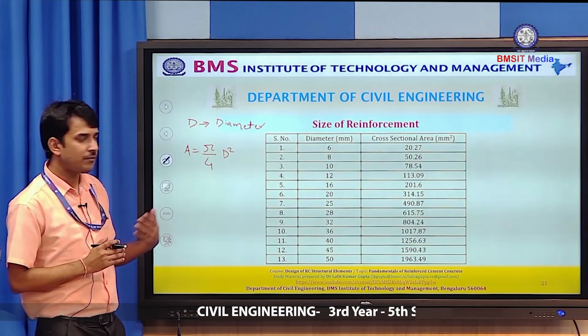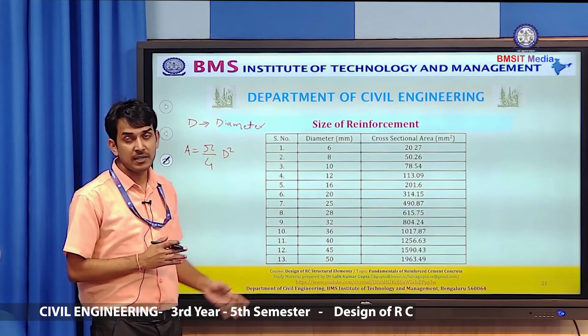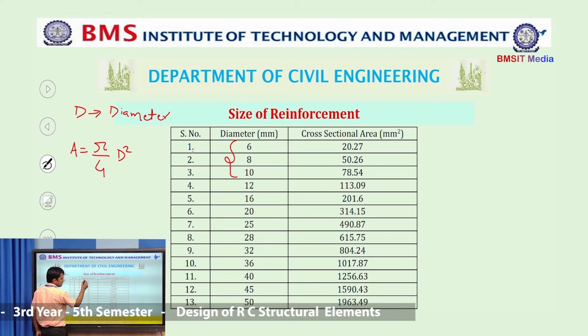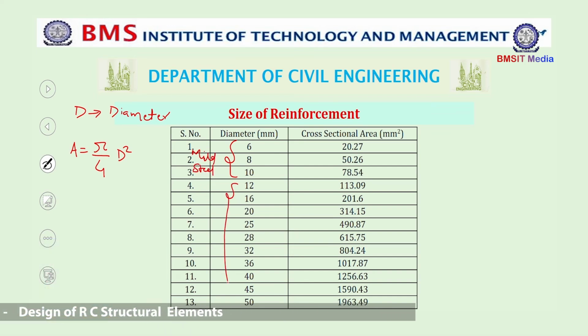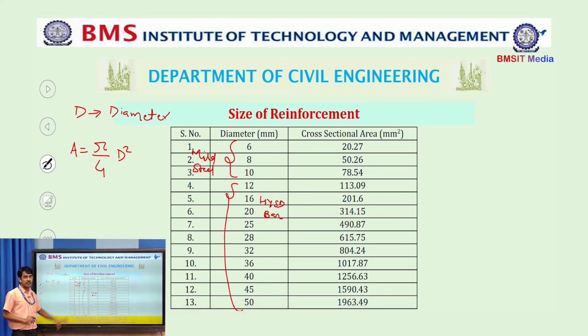On the basis of that, we select what diameter of bar we have to use. This is the range of bar diameters we have in the market, from 6 mm. Generally these bars are mild steel bars, and from here the HYSD bar starts. So these are the various sizes of reinforcement.